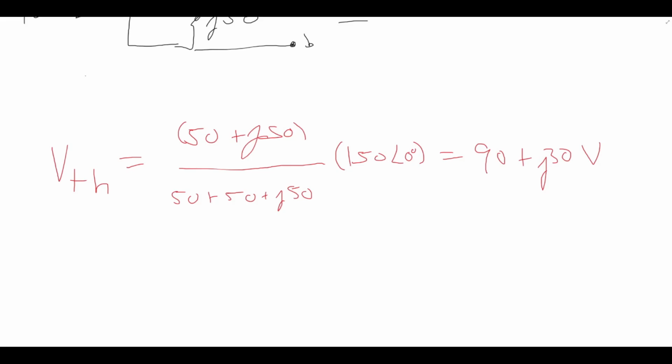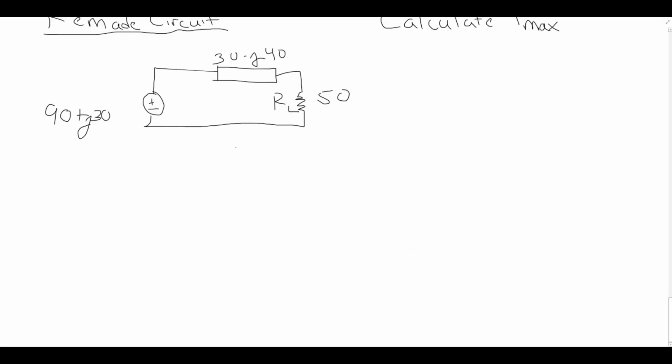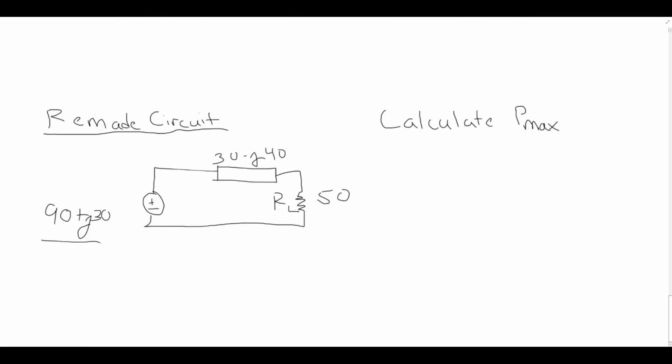Having found both Z Thevenin and V Thevenin, we're going to redraw the original circuit, where we have V Thevenin and Z Thevenin, and we will reattach our load to it to calculate P max.